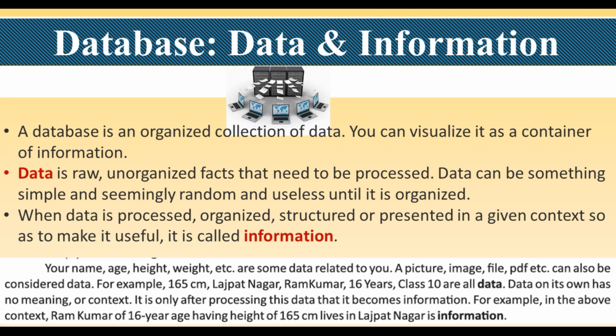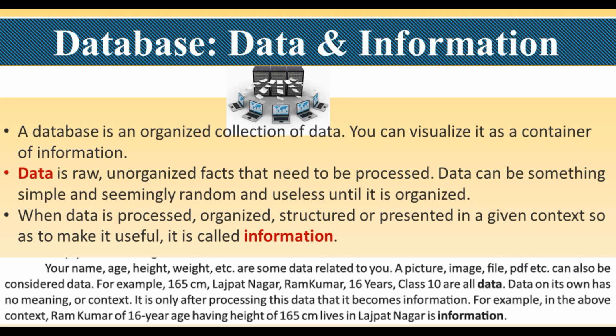For example, your name, age, height, weight, etc. are some data related to you. A picture, image, file, PDF, etc. are also considered data. But it can be considered information if we say that a student of 16 years of age, having a height of 165 centimeter, lives in Lajpat Nagar.